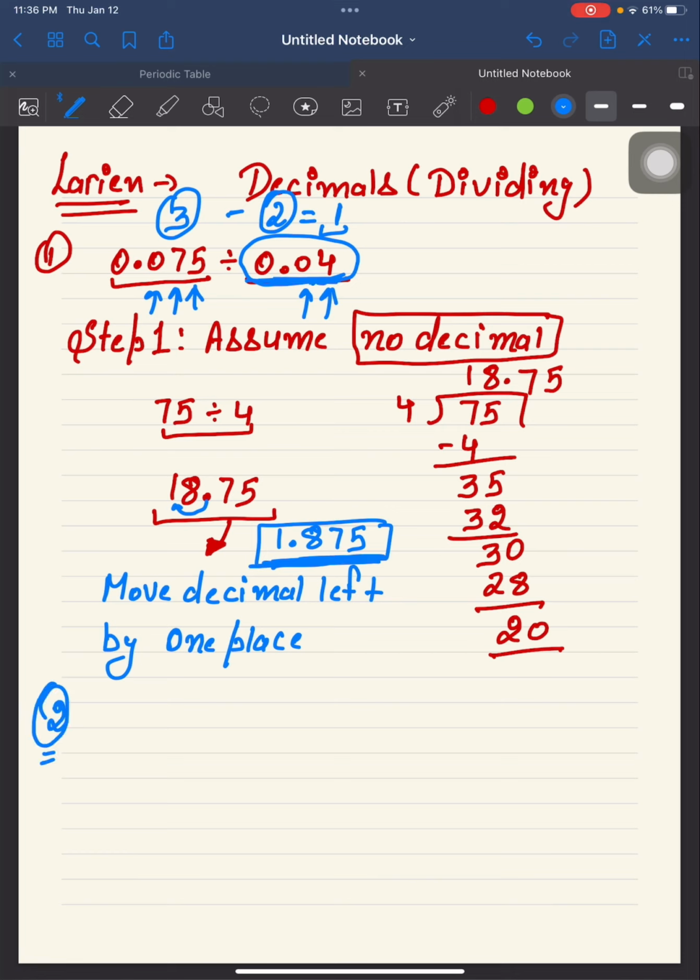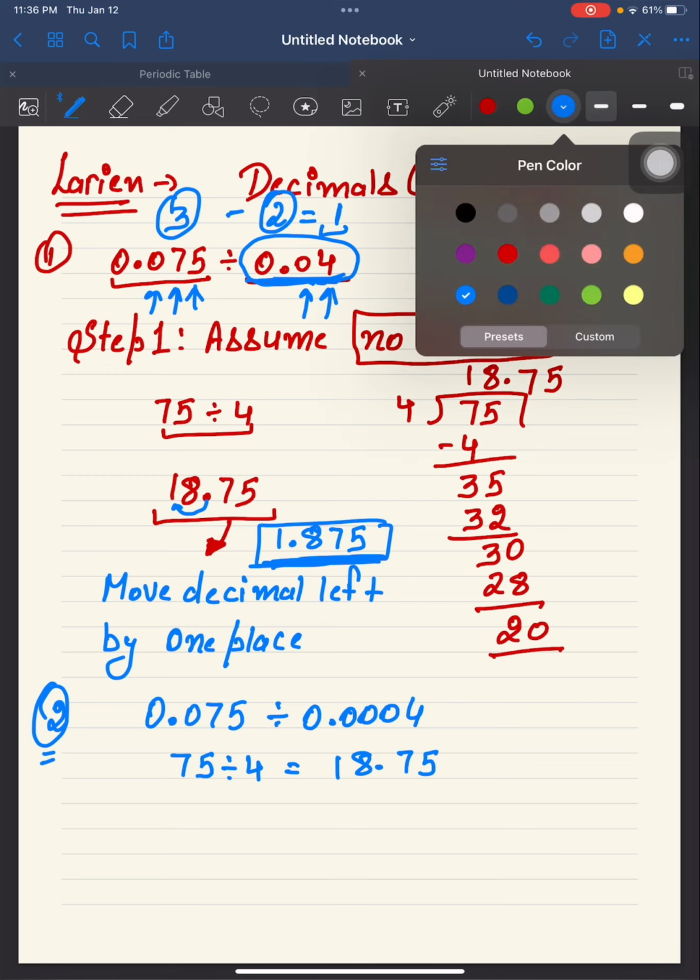This, on the other hand, if let's suppose I am dividing 0.075 with 0.0004. So same thing here. First we will assume there is no decimal. We know we are going to get 18.75 as the answer. Now see how the movement of the decimal will take place, how it's gonna move.